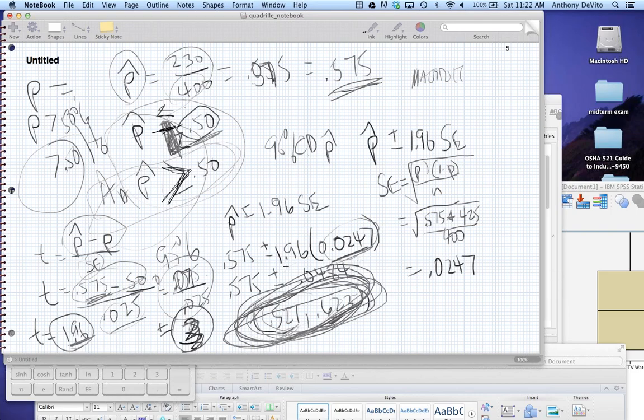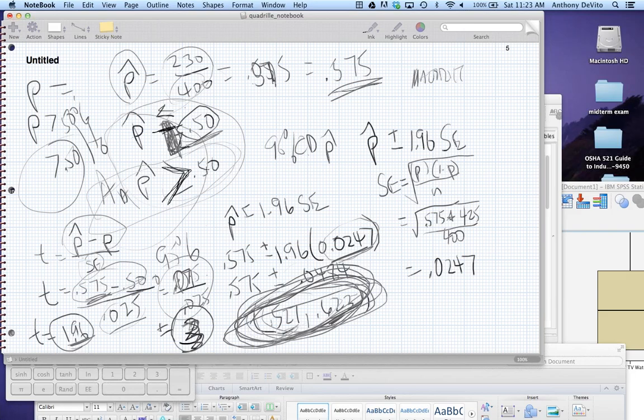Should I have used 1.64 because it's a one-sided test? That's a good question. Technically, yes. You could have used 1.64. Well, hang on a second. Yeah, that's a tough one. Yes, since we set it up this way with our hypotheses, you could have used 1.64 as a single-sided test because we set it up in our null hypothesis as a one-sided test, right?